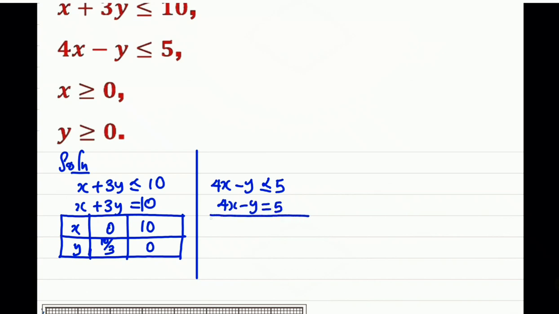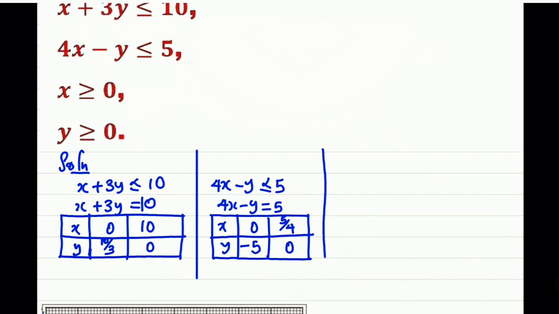Then we get our intercepts, x and y: when x equals 0 and when y equals 0. When x equals 0, y will be minus 5. When y equals 0, x is 5 over 4. So we are done with that part too.